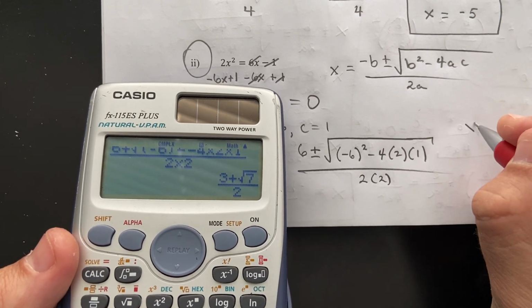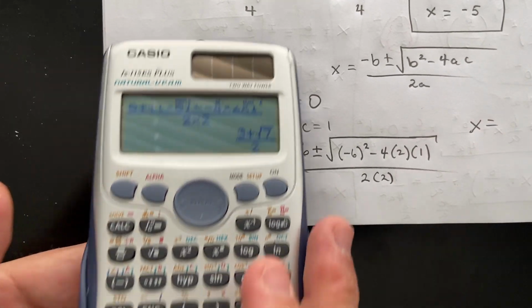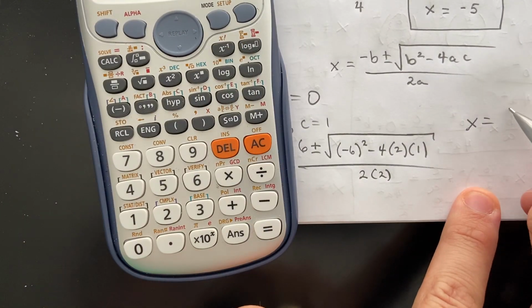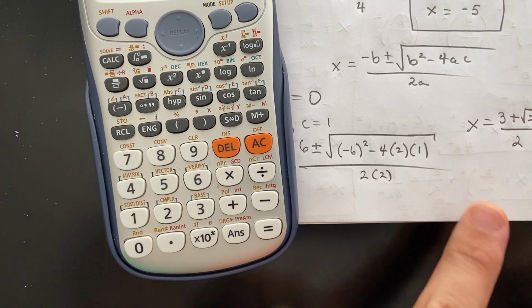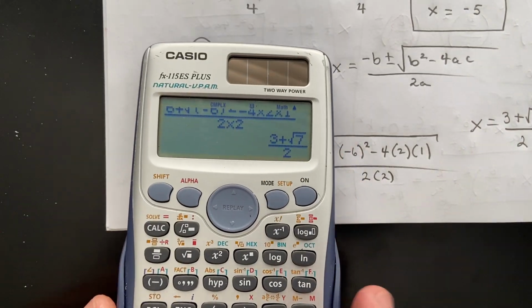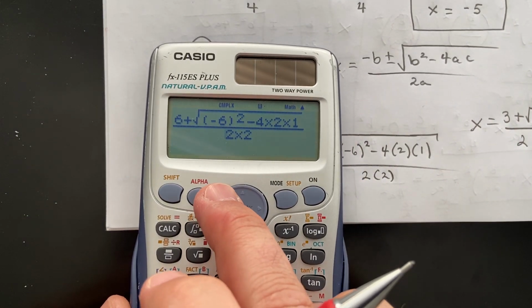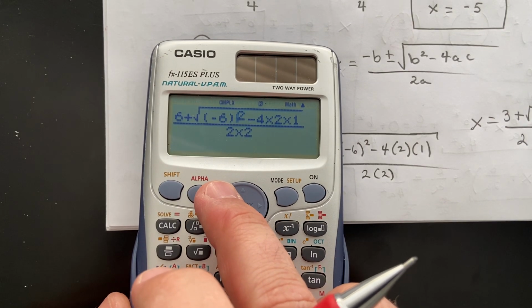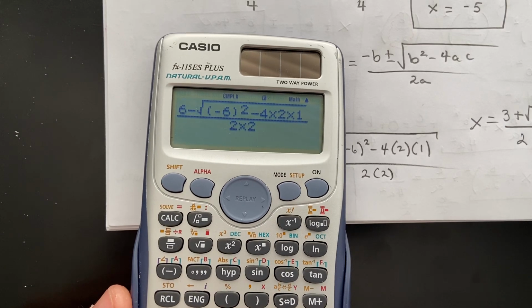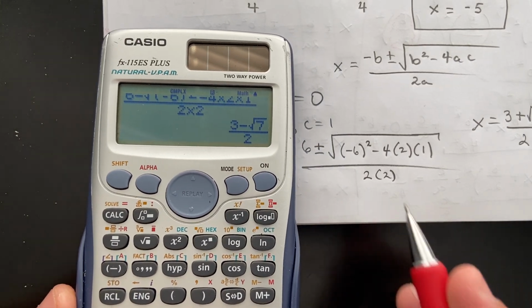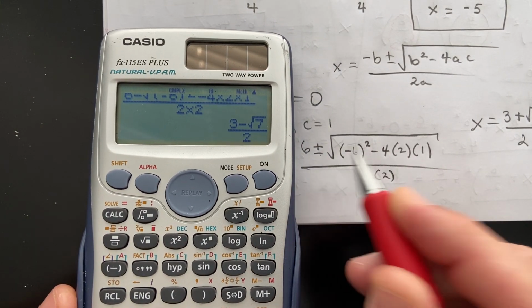So I'm getting x equals, let me put the calculator down so I could write, 3 plus root 7 over 2. And then if you go back and just press left a bunch of times, we can change that plus to subtract, and that'll just be the other case, right? This case, the minus case.